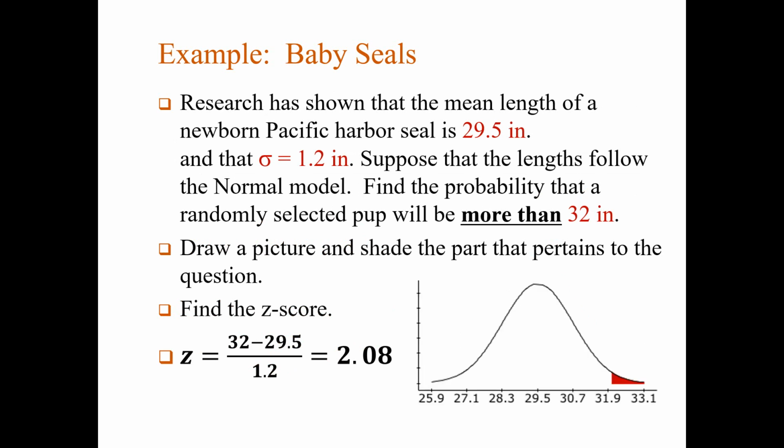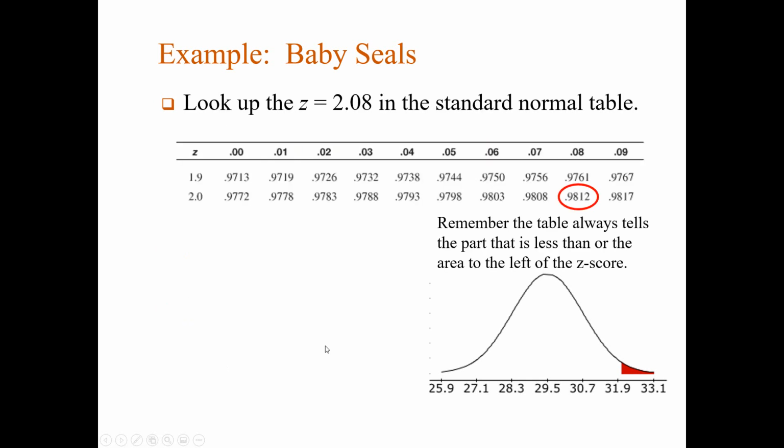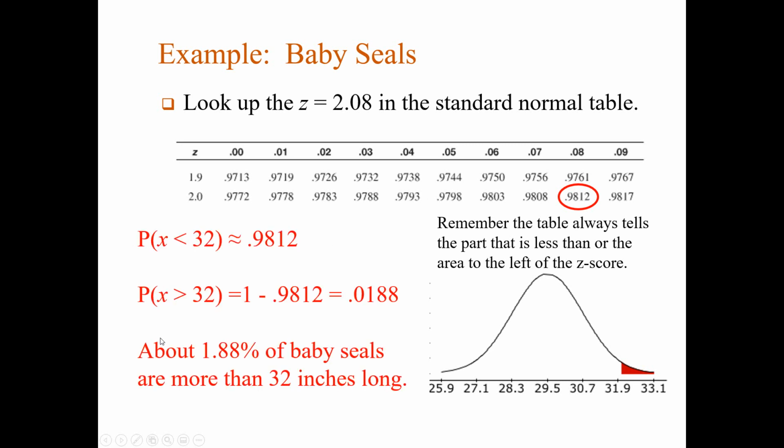And then this is just the shading to the right of 32 inches. So we found the z-score already. All we have to do is 1 minus whatever that is, which we did on the Word document right here, and that's exactly what we got.